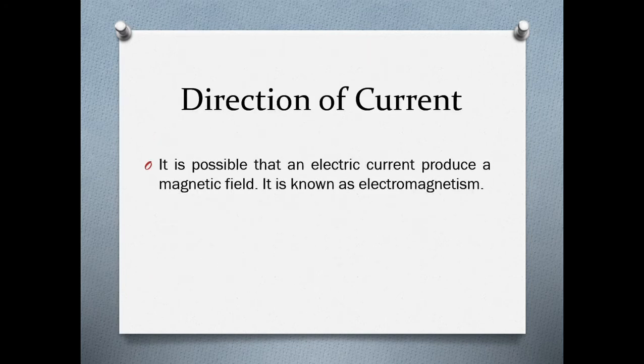Direction of current. So it is possible that an electric current produces a magnetic field. It is known as electromagnetism. So we have to analyze a term that is charge, that means vehicle. So, for example, if we have a cable that is transporting electricity, we're going to find electromagnetism around that cable.